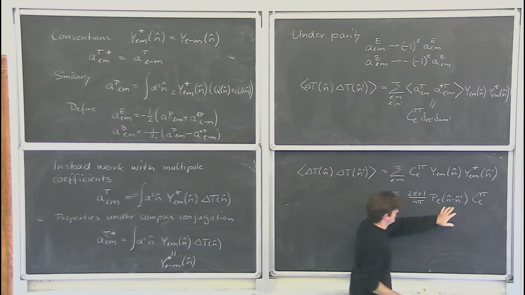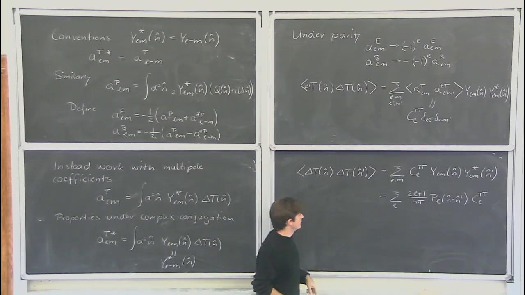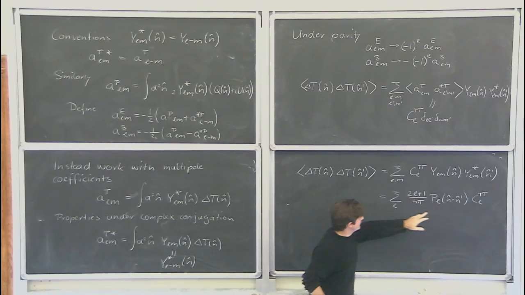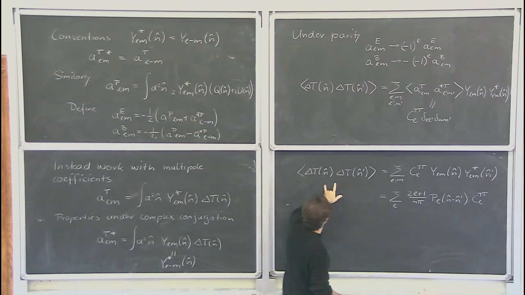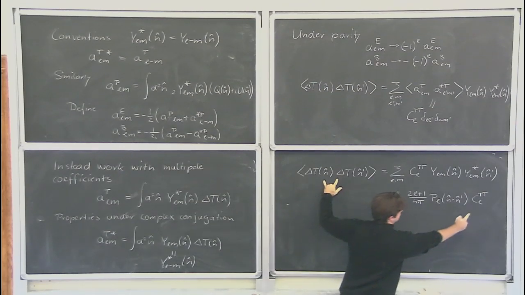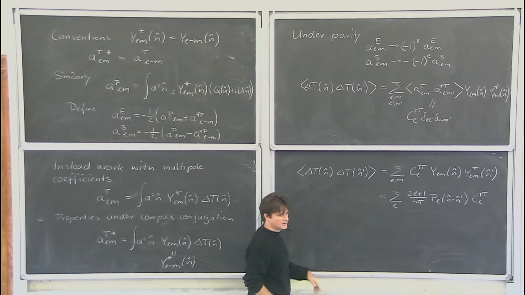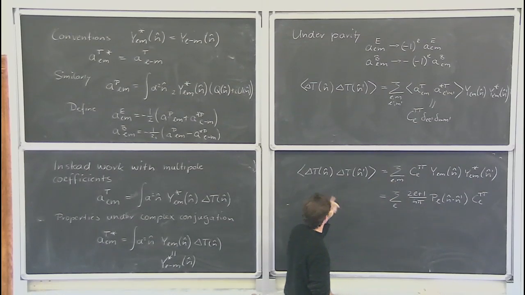And so you see that it really only is a function of the angle between the two vectors, which it had to be by rotational invariance. And you also see that there's a one-to-one correspondence, because these are orthogonal polynomials, between the C_L and the correlation function. So once you give the correlation function, you have the C_Ls and the other way around.